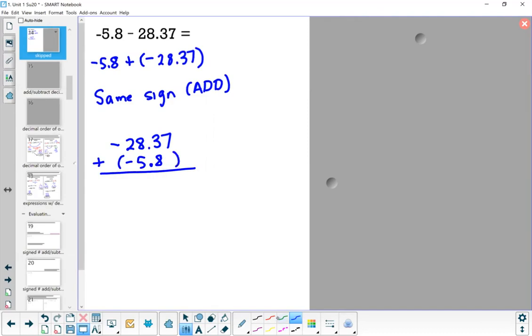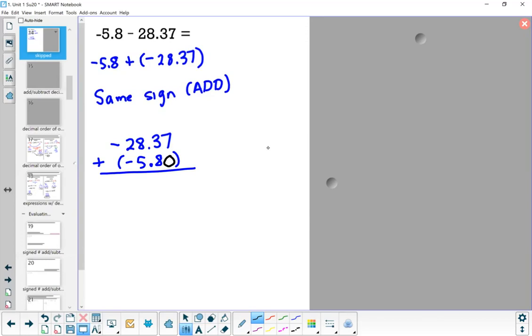If it's helpful, you can put a 0 out here next to the 8 just as a placeholder. So you can see the 7 and the 0 lines up, the 3 and the 8 lines up, decimal point, 8 and the 5 lines up. 2, I would essentially line up with a 0 again.